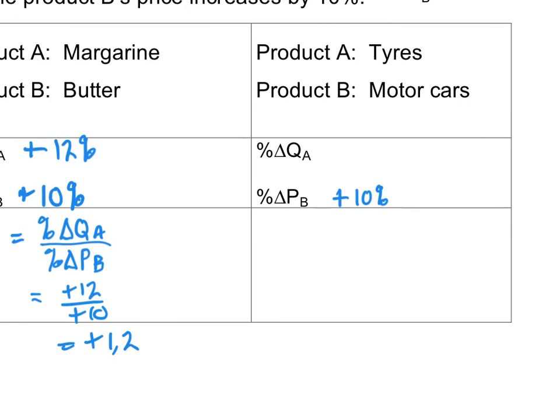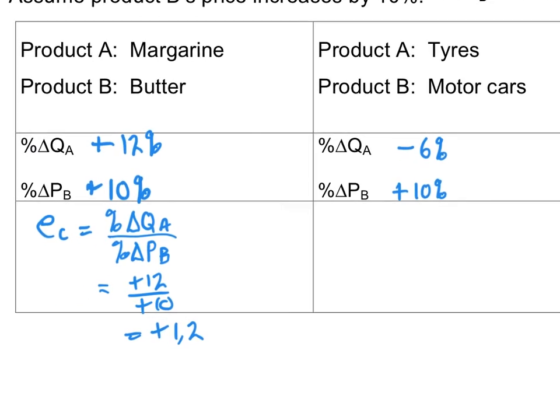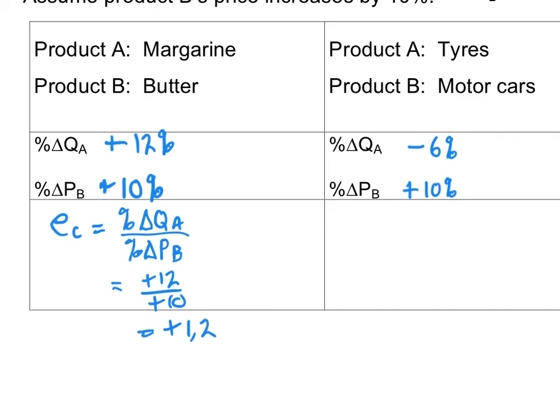So in response to the increase in the price of cars, there would, over a period of time, be a decrease in the quantity demanded of cars. That would lead to a decrease in the demand for tires. So the demand for tires might decrease by, let's say, 6%. So calculating our cross-elasticity coefficient, we now have the following.